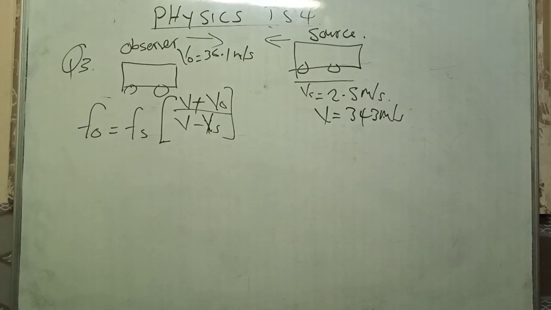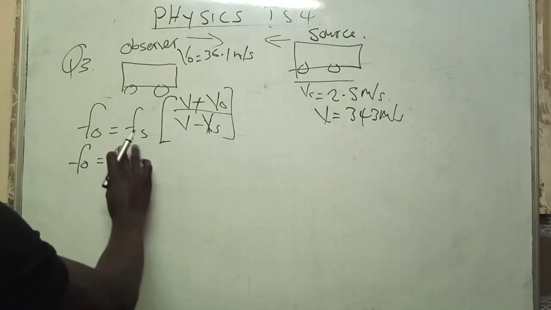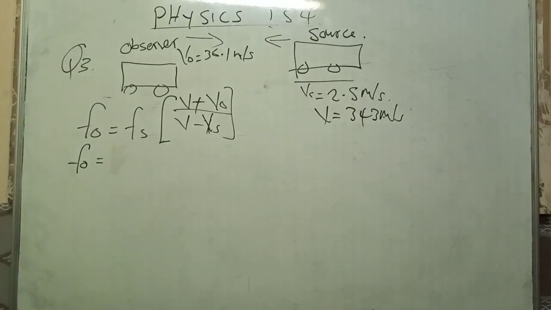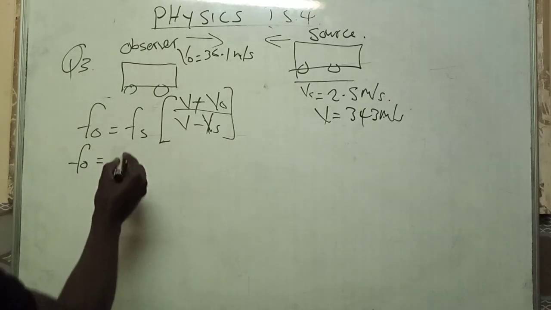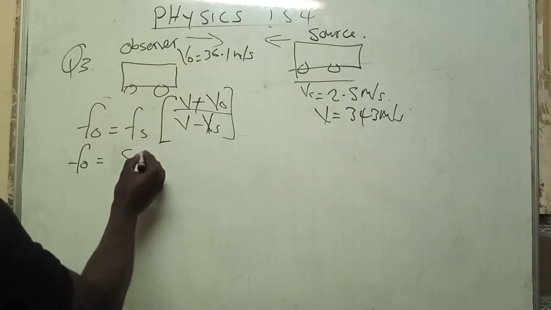Then I start plugging in the values. I have the frequency of the source, what I've been given, as 500.